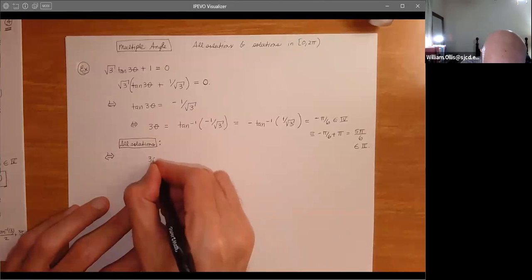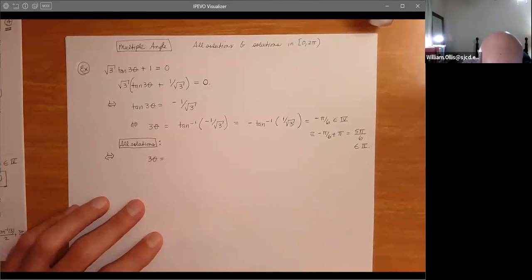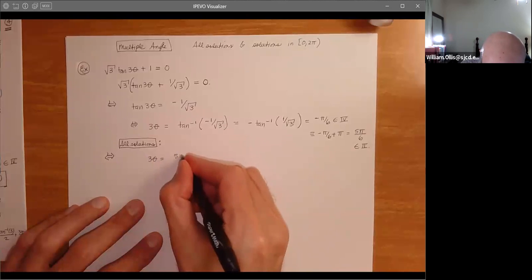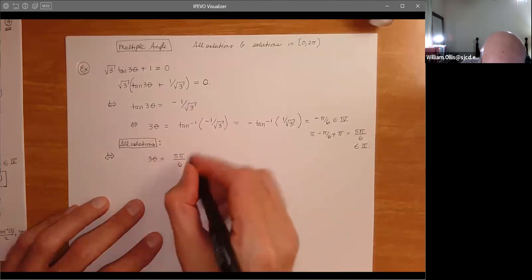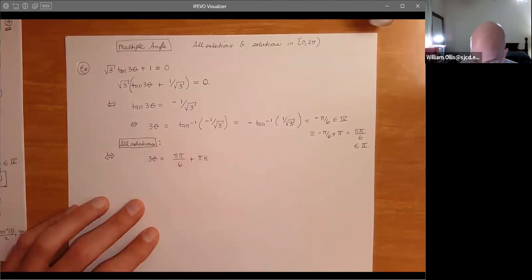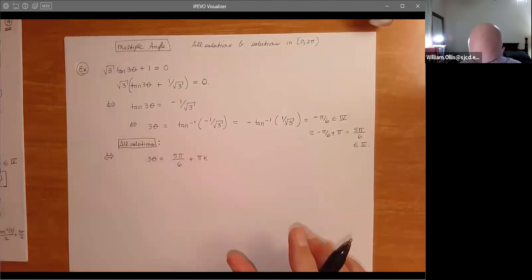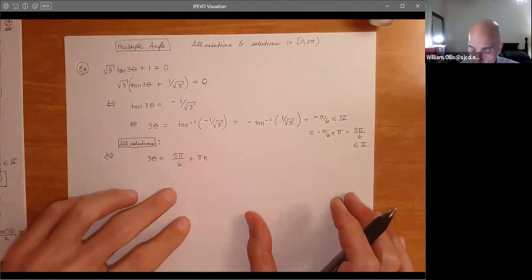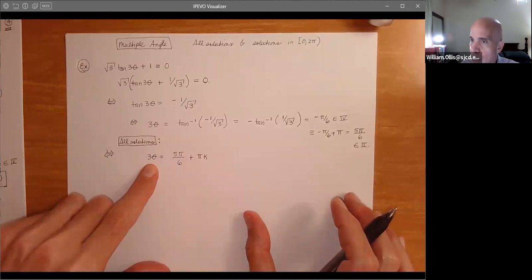So you say 3 theta equals 5 pi over 6 plus pi k. Because if you go ahead and try to divide and then add multiples of the new period, that's fine and that works, but this is a little bit easier to execute.